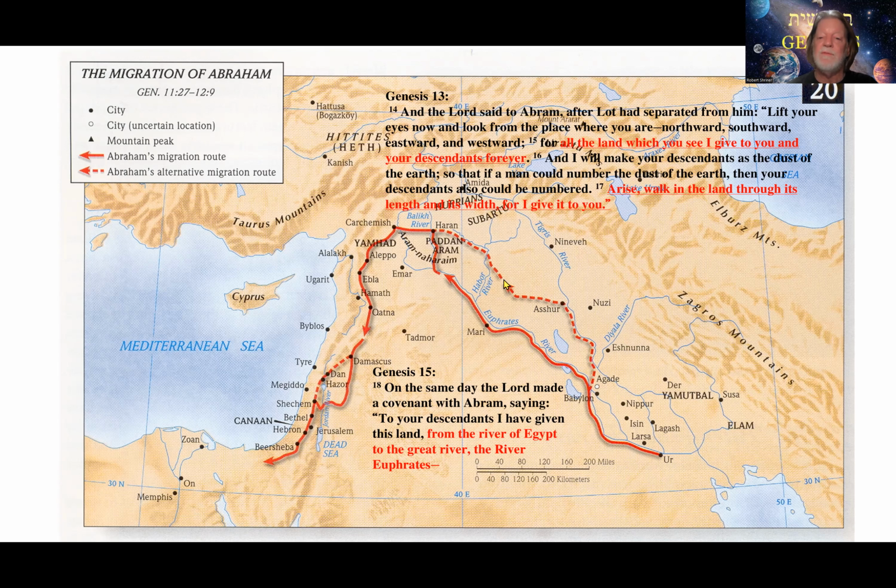And of course, it's the Euphrates River that Abraham and his family undoubtedly followed on their trip to, first of all, a place called Haran, where the extended family lives and where Jacob, who's the focus of the chapters that we've been studying lately, spent about 20 years with the extended family.